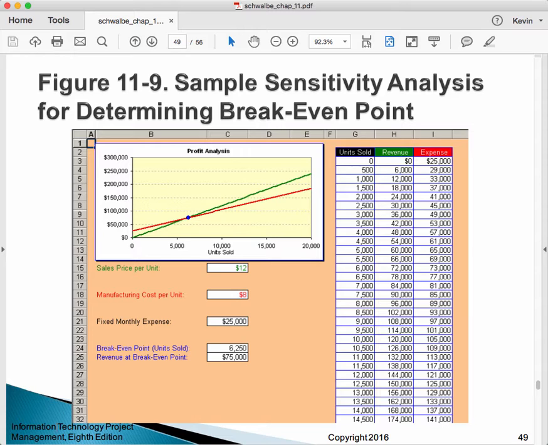And then we're able to calculate the break-even point units sold and the revenue at the break-even point. Okay? So the nice thing about this is that you look at this and you go, that would be pretty good.